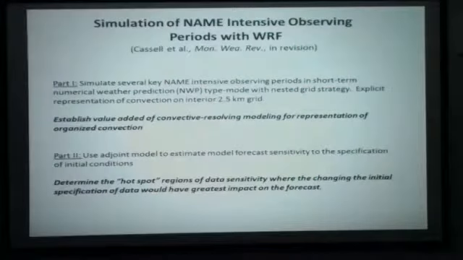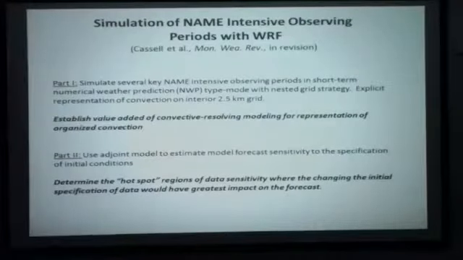Now to our modeling work: we've simulated NAME intensive observing periods with the Weather Research and Forecasting model. This is work I did with a master's student, Bill Kessel. Part one of the study was to simulate several key NAME intensive observing periods. What do I mean by an intensive observing period? This is where, during the field campaign, so-called interesting weather was forecast, namely the development of organized convection.